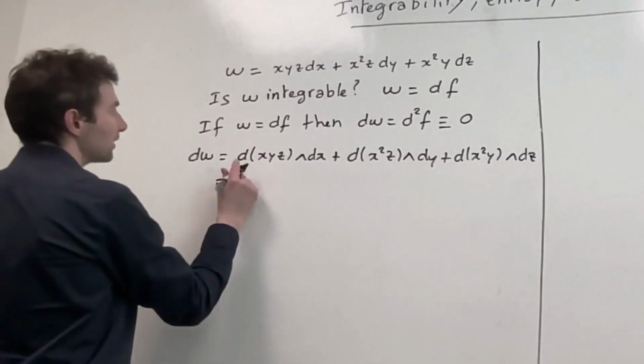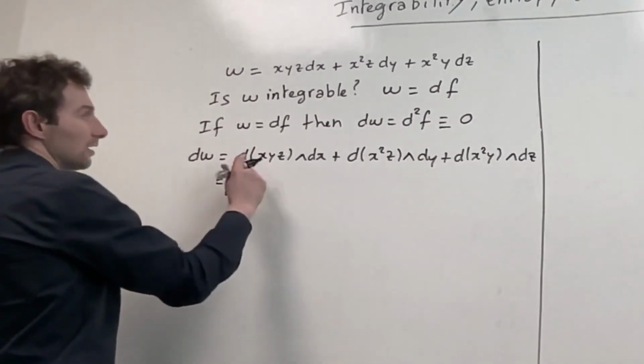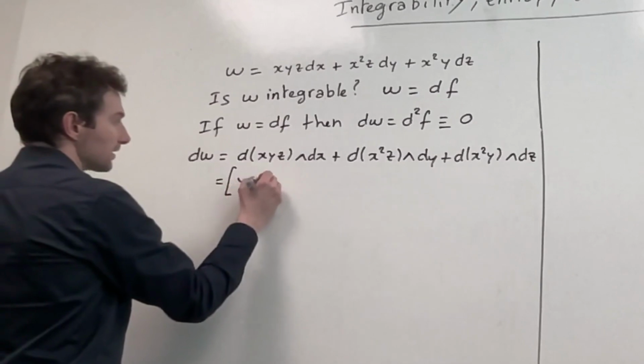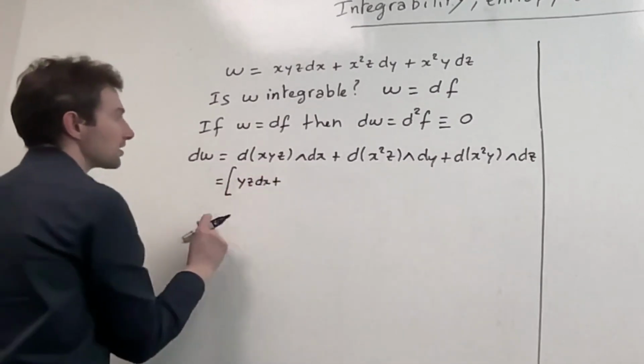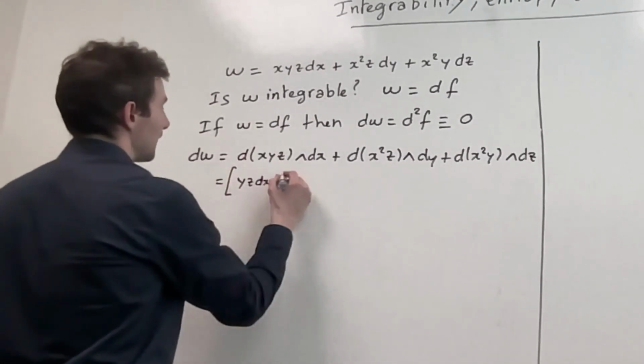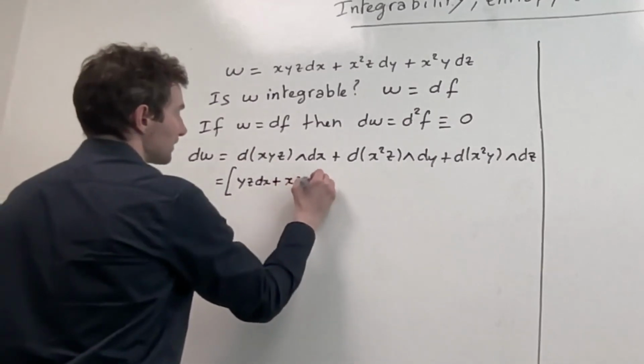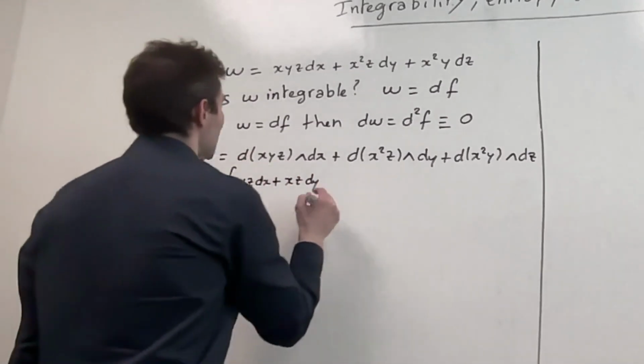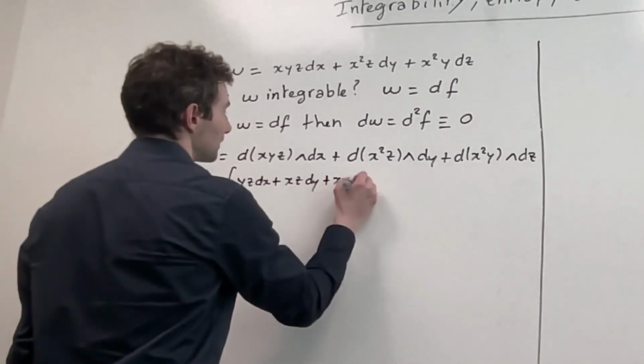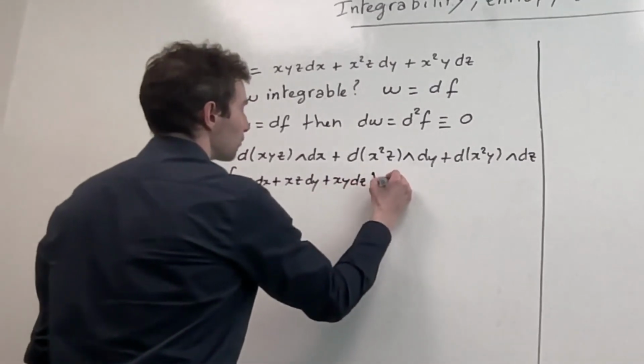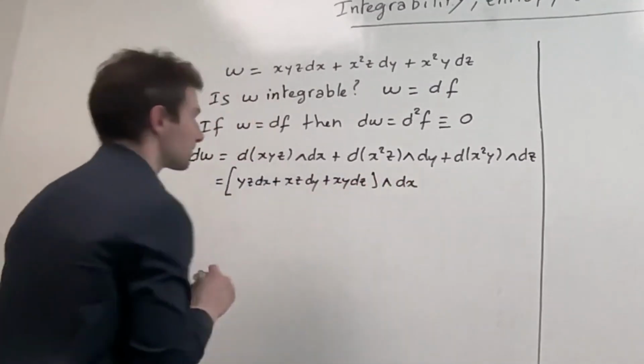So that's going to be yz dx plus xz dy, and then plus xy dz, and that's wedge dx.